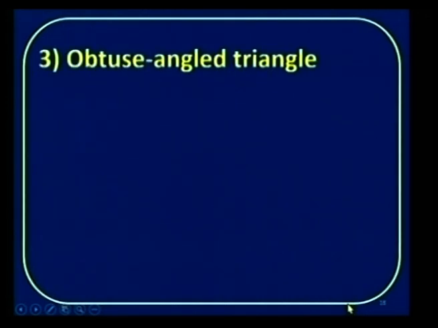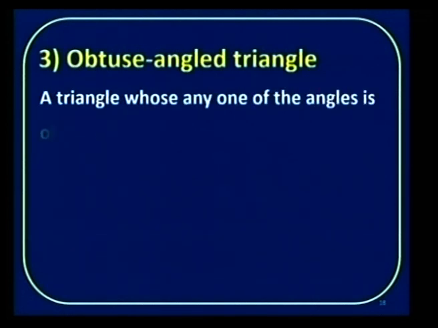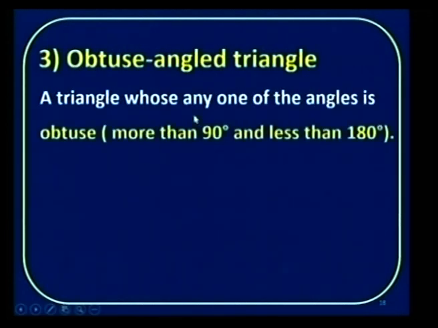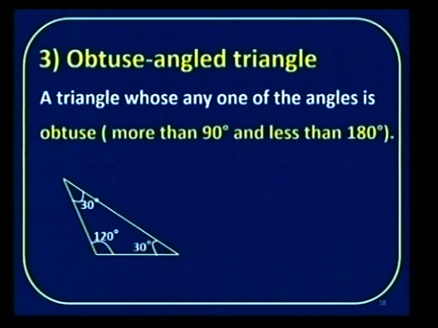Now, let us understand what is an obtuse angled triangle. A triangle whose any one of the angle is obtuse, means more than 90 degrees and less than 180 degrees. Children, observe the triangle here. I am taking 3 angles. 120 degrees, 30 degrees, 30 degrees.